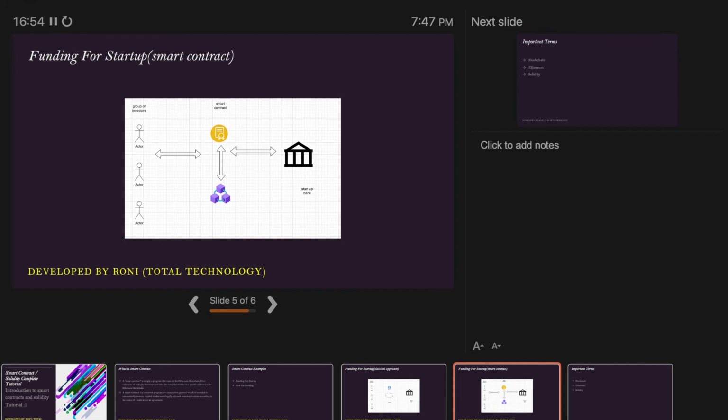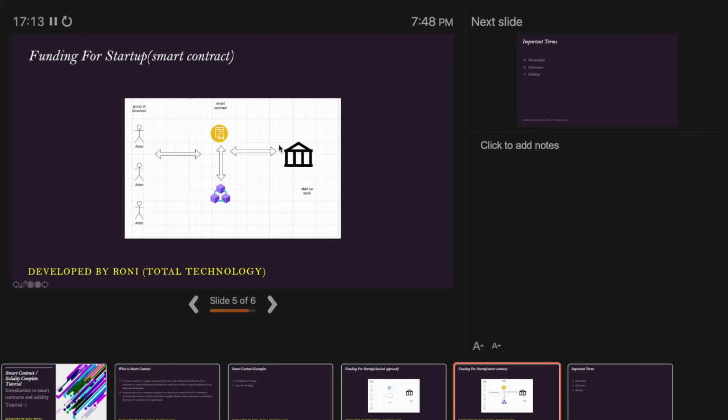And another part of a smart contract is that it is going to execute some task. What execution? If the funding is more than 1 million, then this bank will automatically receive it. If funding is less than 1 million, then all these parties will be refunded their amount.